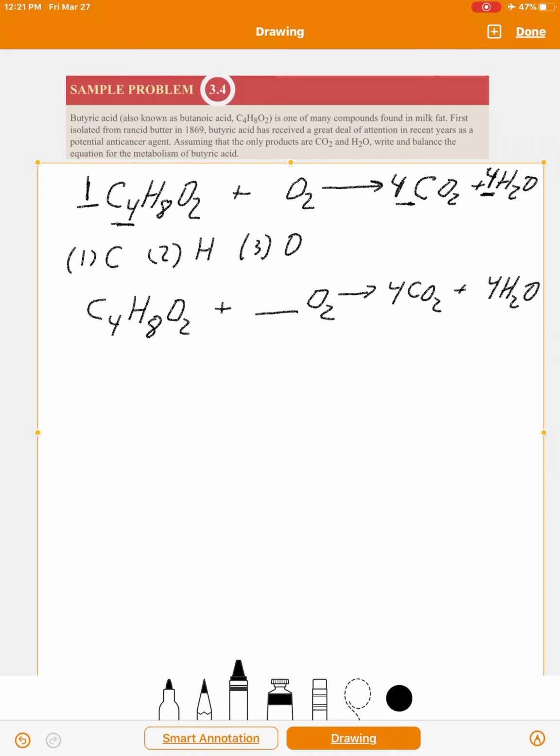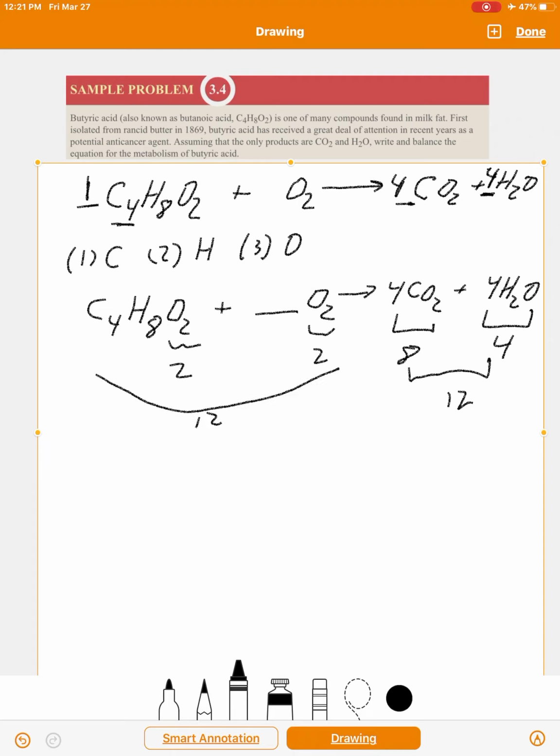Well, on the left side, we have 2 oxygens, and then we have another 2. On the right side, we have 4 times 2 is 8, and then 4 times 1 is 4. So it looks like on the right side we have 12. So that means we want to have 12 on the left side, right, the reactant side. We need to have a total of 12 here.